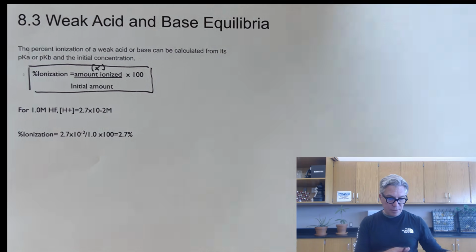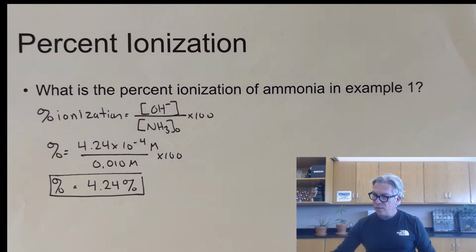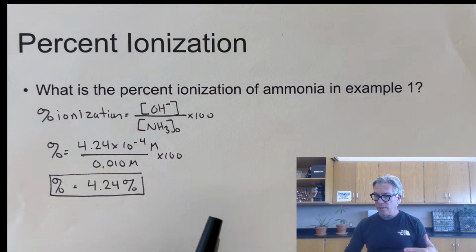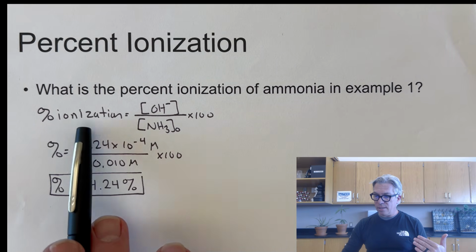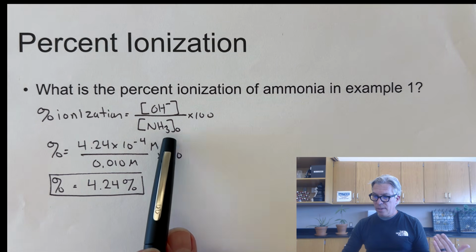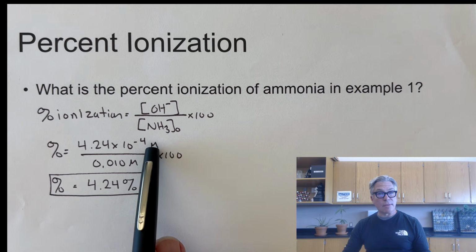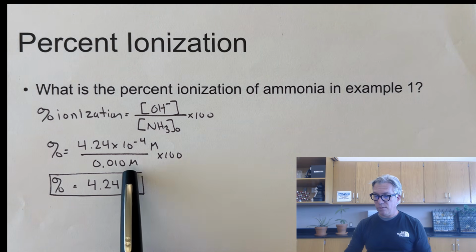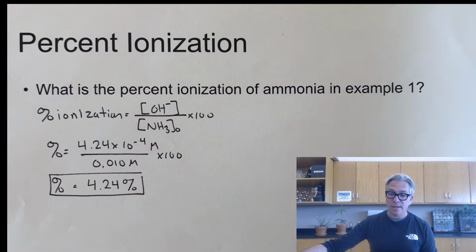Let's look at a couple examples. What is the percent ionization of ammonia in example 1 that we just did? So I'm going to keep that continuing on. Percent ionization is the OH over the NH3 original. The X value is 4.24 times 10 to the minus fourth over the original, and I get 4.24%.